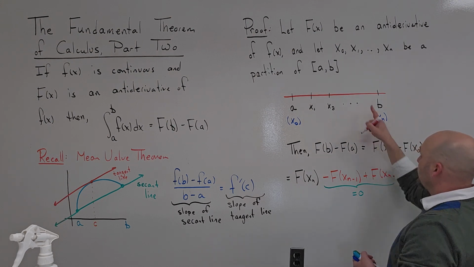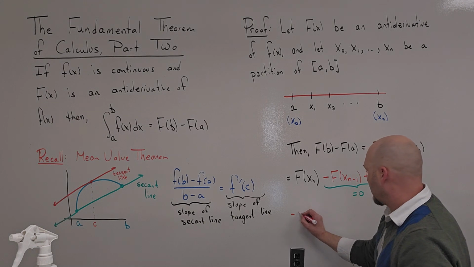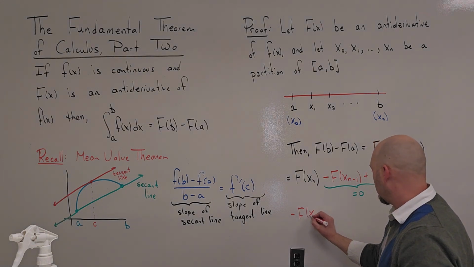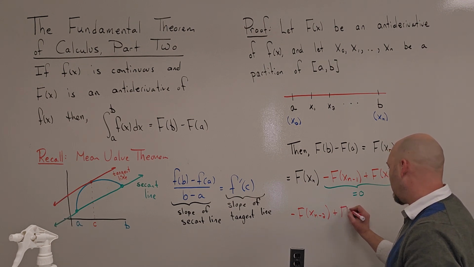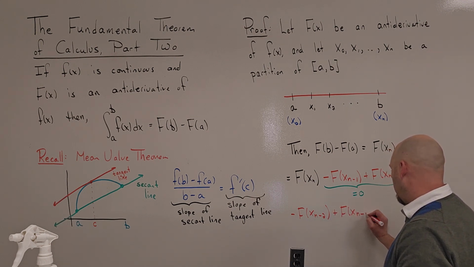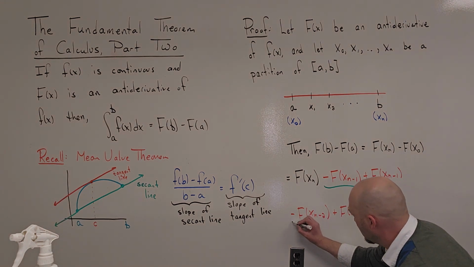Then I'm going to do the same thing with the one prior to that. That would give me minus f of xn minus 2, but then I'm going to add the same thing, f of xn minus 2. Once again, of course, this quantity is 0.